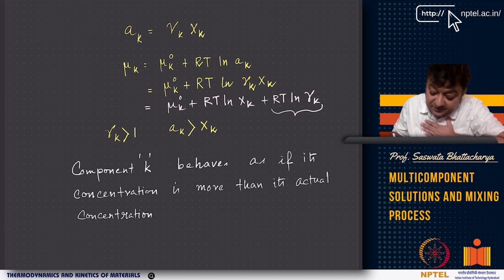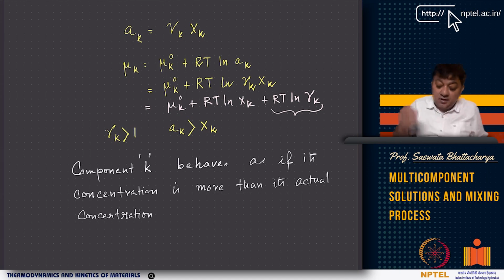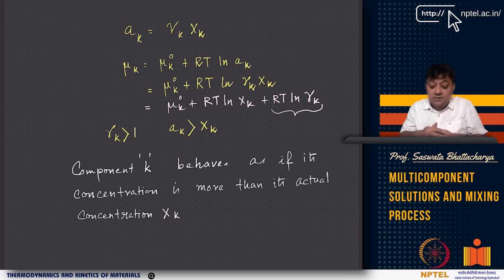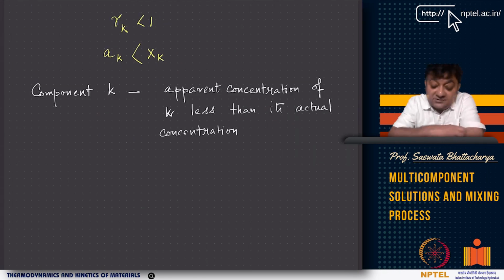If gamma K is greater than 1, this part is positive. Activity, xk times gamma K, becomes greater than the mole fraction of component K, and component K behaves as if its concentration is more than its actual concentration xk. That's how we define activity of a component in a solution.